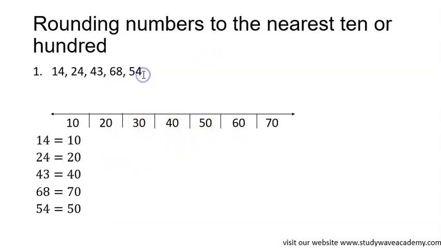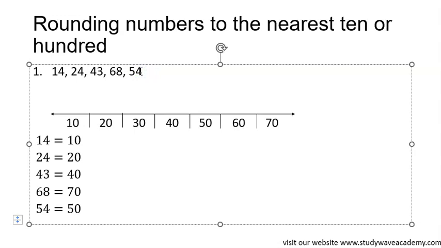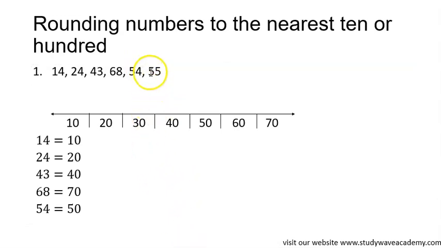So let's say we have another number. We have 55. Okay, we have 55. 55 is placed between 50 and 60, right? So between 50 and 60, 55 should be here. So should 55 be rounded down or should we round it up?